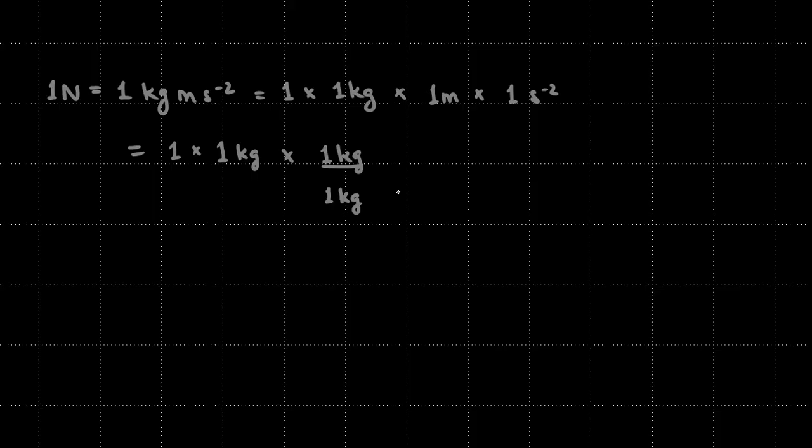You might think, why are we doing this? We are doing this because dividing and multiplying by the same thing does not change the result. Now you will quickly see how this works out. So 1 meter times 1 meter by 1 meter into 1 second to the power minus 2.